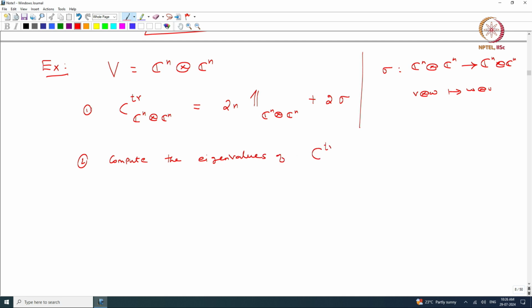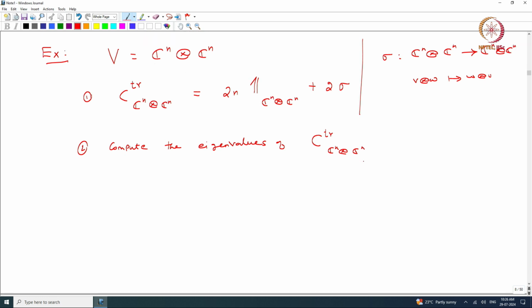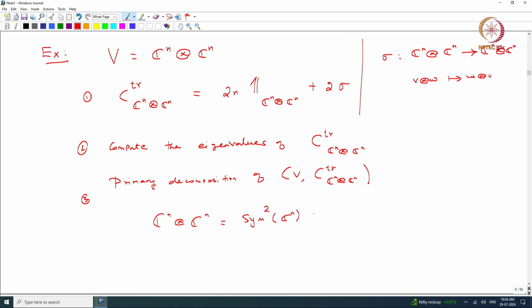of this Casimir operator. Then if you look at the generalized eigenspace decomposition, so the primary decomposition of this V, this operator C_trace on C^n tensor C^n, is going to give you exactly the usual decomposition that we know, that is Sym^2 C^n direct sum Alt^2 C^n.